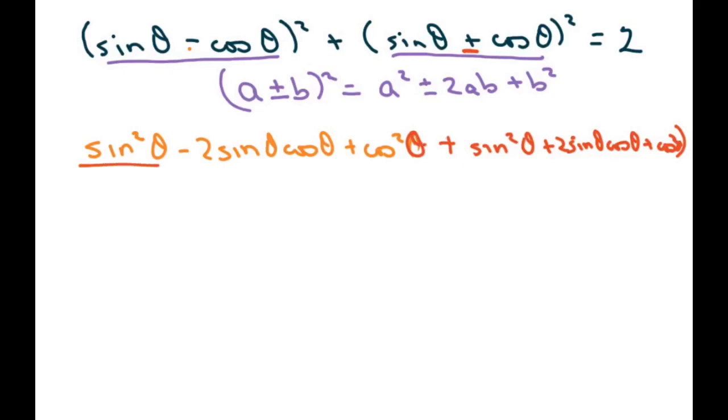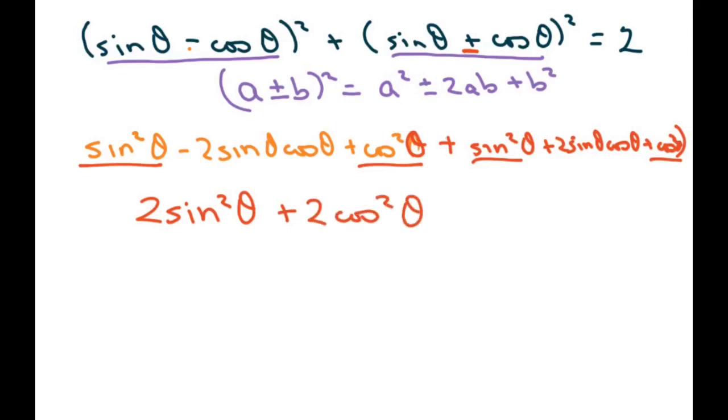Anyway, I have 2 of these, so that's 2 sine squared. I have 2 cosine squares. Now these two cancel, negative 2 of those plus 2 sine cosine. Those cancel and zero out.